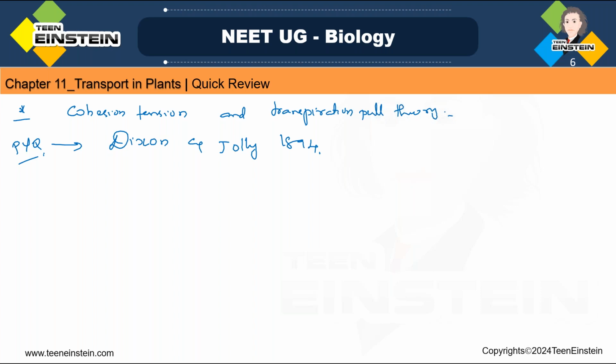Then this explains the exact point of this theory. See, this cohesion tension and transpiration pull theory says that a water column is continuously maintained in the xylem.